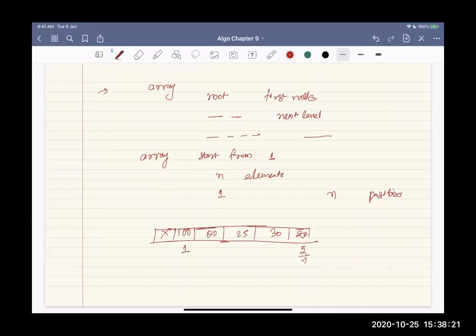Now, why is this very convenient? You know where your root is. Root is at index 1, so A1 is your root. What is the main thing that you do in a binary tree? You need an easy way to go from parent to child and child to parent. Can you find a simple rule by which you can move from parent to child?